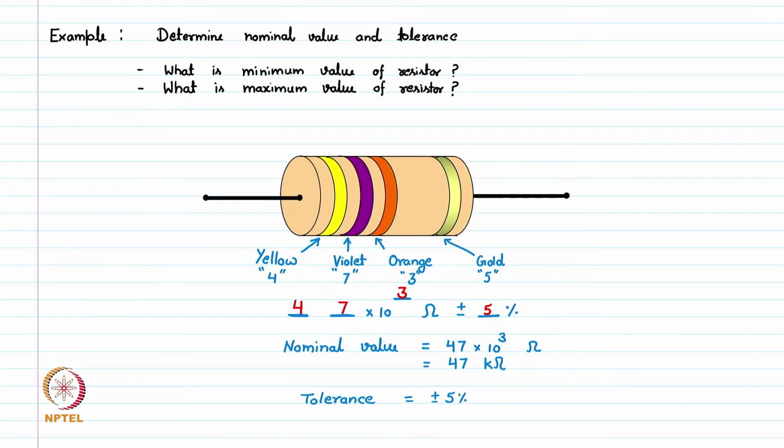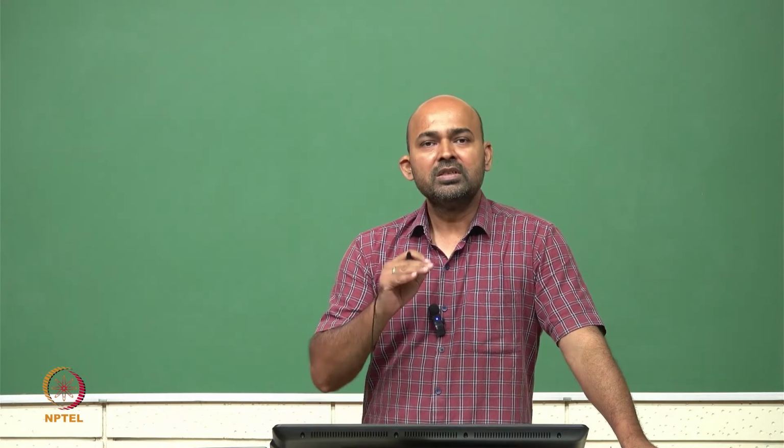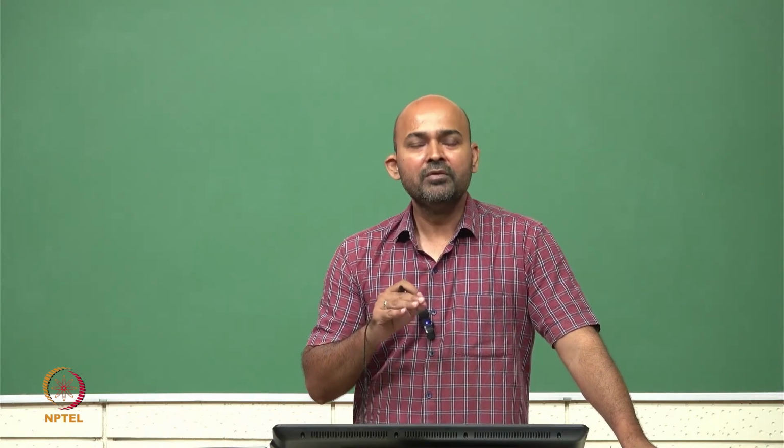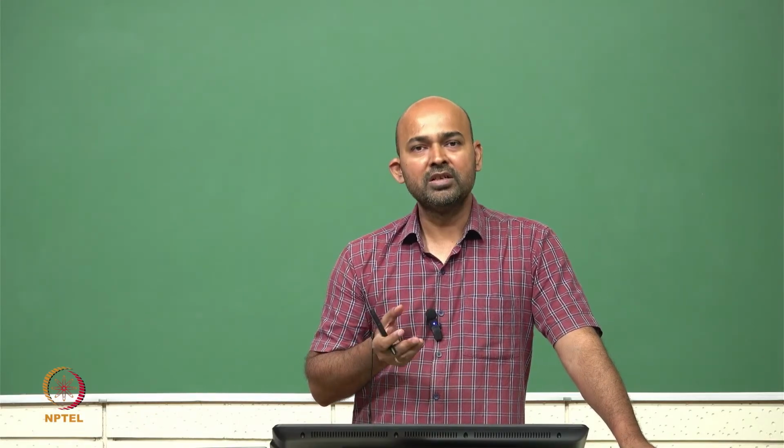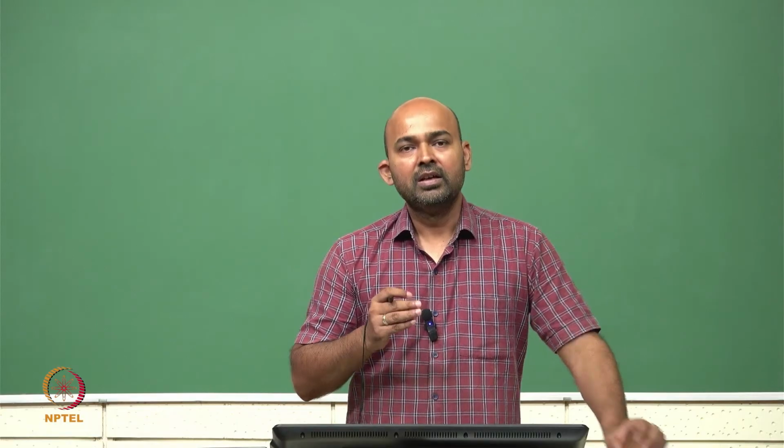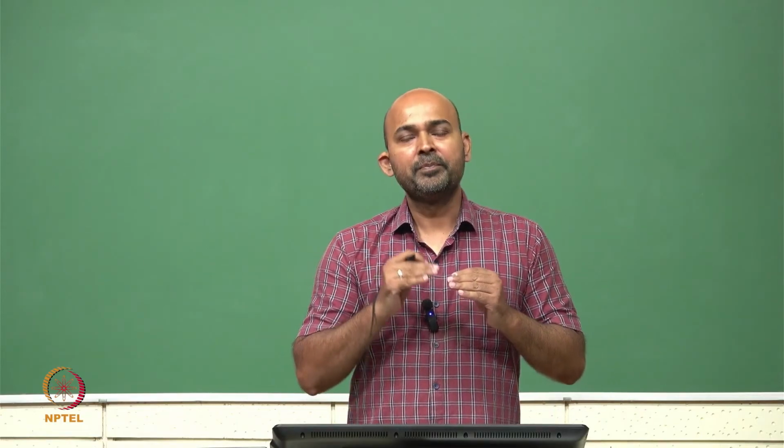So here in these two examples, we have calculated the nominal value of resistor and the tolerance. In this example, we have a nominal value of 47 kilo ohm. However, depending upon the manufacturing of this component, the resistance value can be up and down.